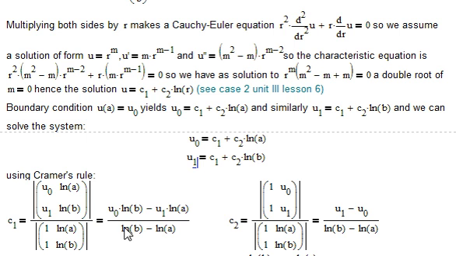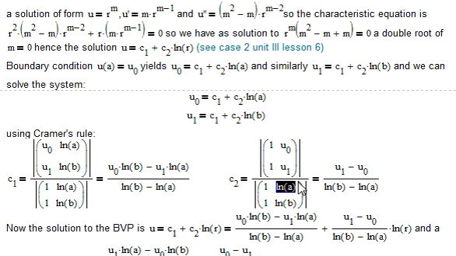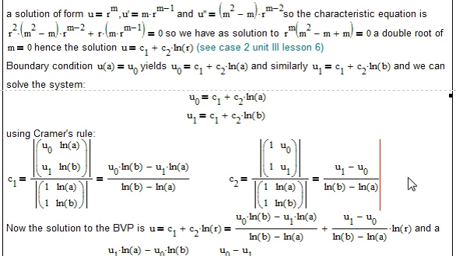So, therefore, our c1 is u0 ln of b minus u1 ln of a divided by ln of b minus ln of a. In a similar fashion for c2, straightforward. We already know the denominator. We replace the ln of a and ln of b with u0 and u1, and then we get u1 minus u0 times ln of b minus ln of a.